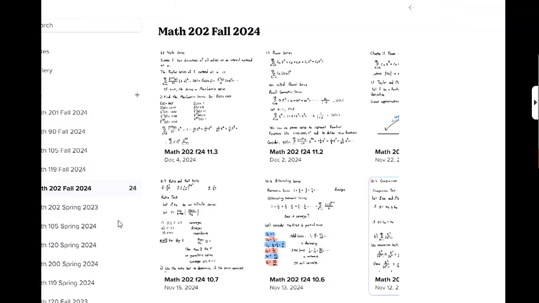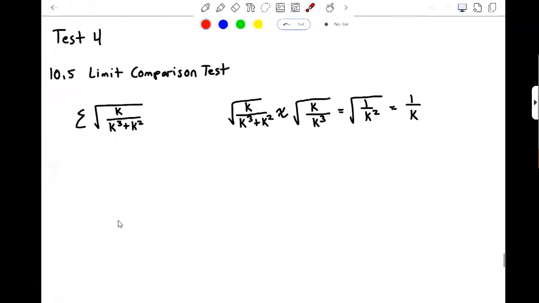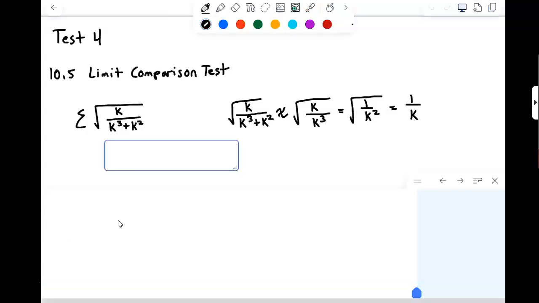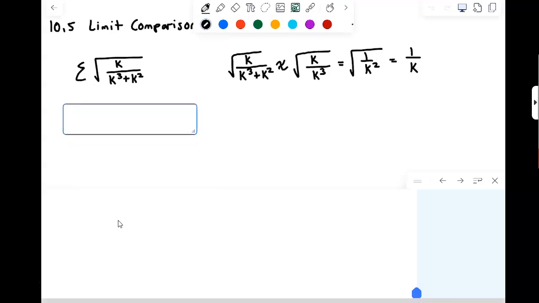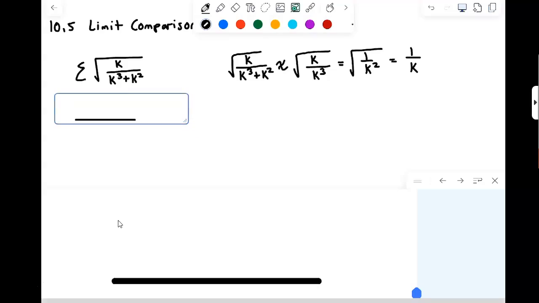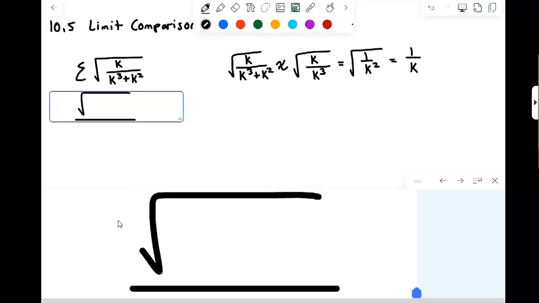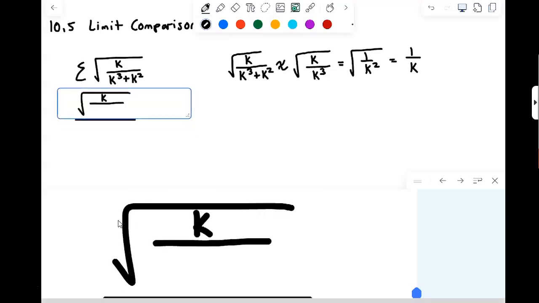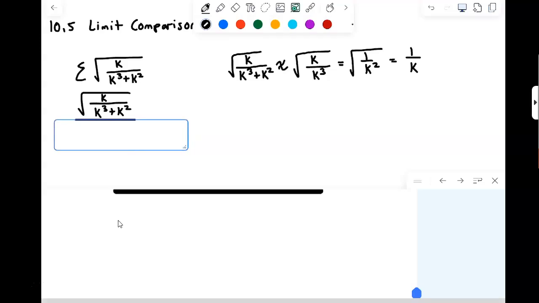Okay, so once we have a series to compare it to, like 1 over k, we could then consider the ratio of those two things. So we would compare, in this example, the square root of k over k cubed plus k squared. We compare that to 1 over k.